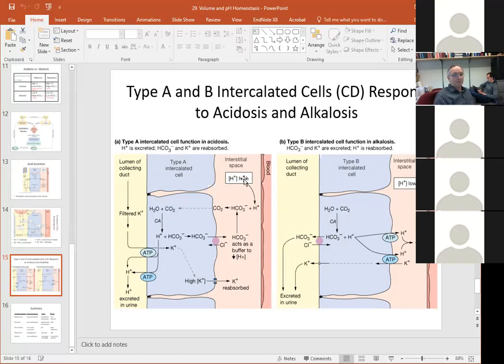Because type A cells depend on this high hydrogen to fuel their proton excretion, and the type B cells depend on this bicarbonate and the hydrogen gradient to fuel their bicarbonate excretion. That's a good question. Probably not completely answered, but at least that's the starting point.